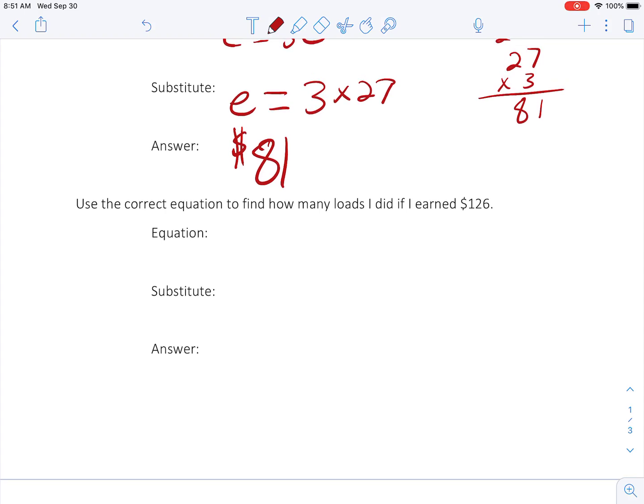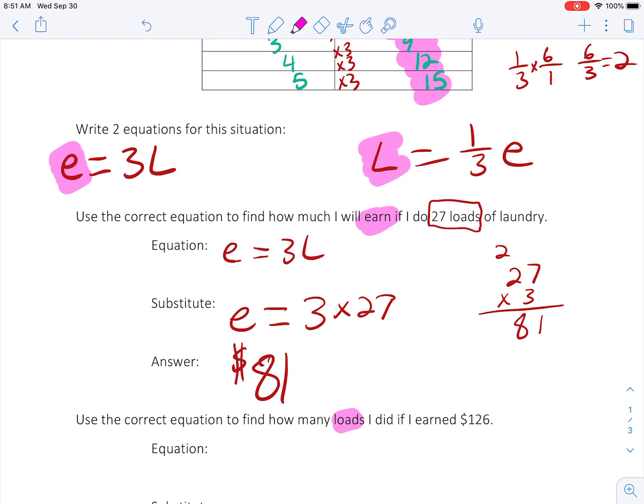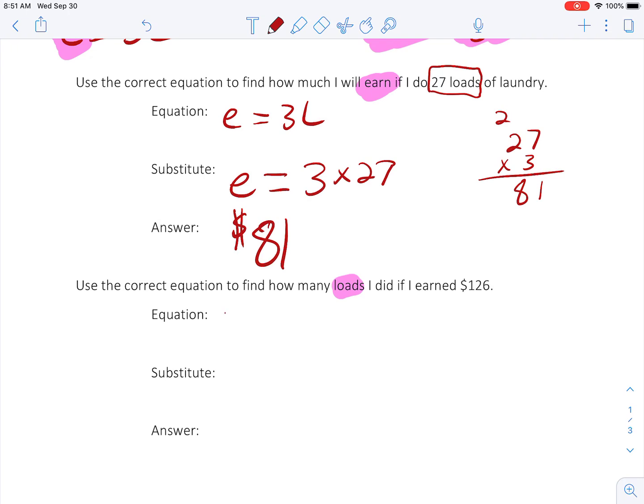Next one says use the correct equation to find how many loads I did if I earned $126. So now it's trying to find the number of loads. So I'm going to look at my equations. I'm going to use this one, because that one's looking for the number of loads. So L equals 1/3 E. We know how much he earns, which is $126.